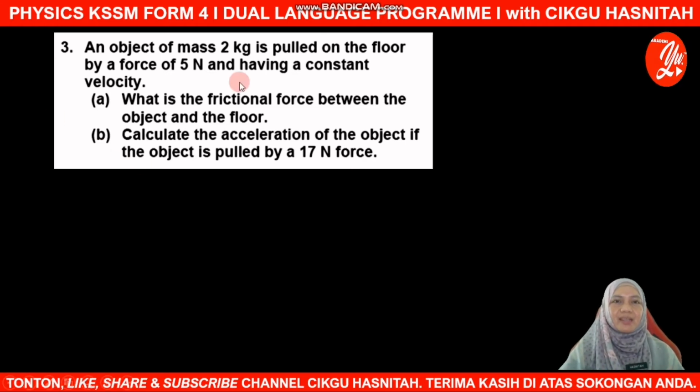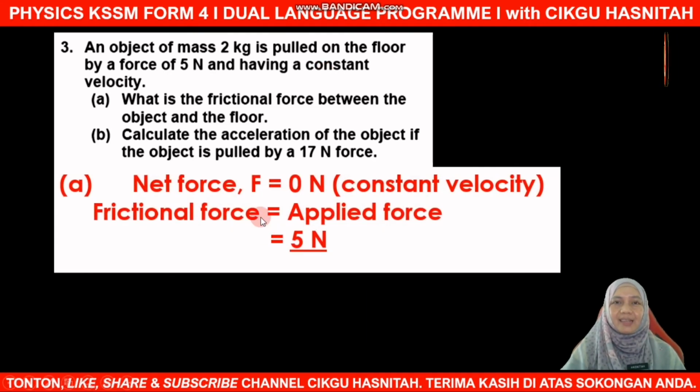First, when you see this, the object is moving with constant velocity. What does it mean? The net force acting is 0. Why? Yes, very good. The forces acting on the object are now balanced, which means the frictional force is equal to the applied force, which is 5 Newton. All right.